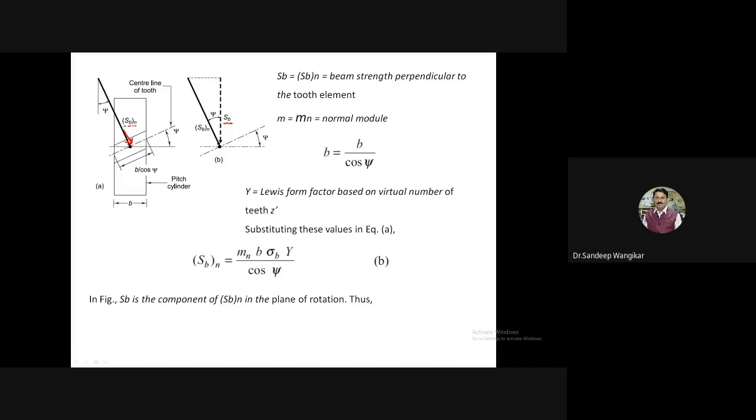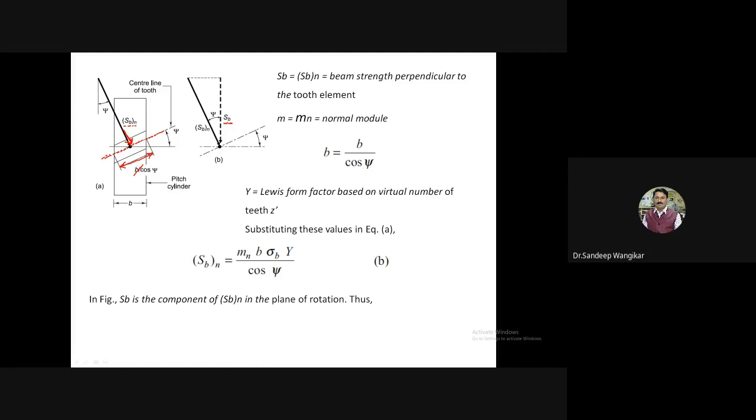This is the plane cut, and this is the center line of the teeth. This is your SBN. Then this is b, the face width. In this plane, this line will be b divided by cos of psi.